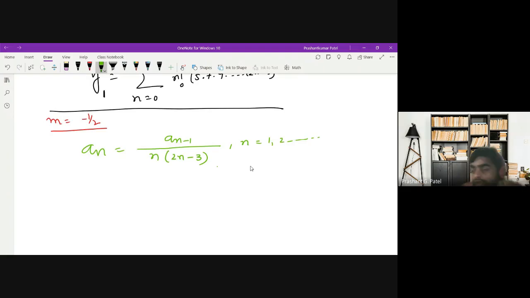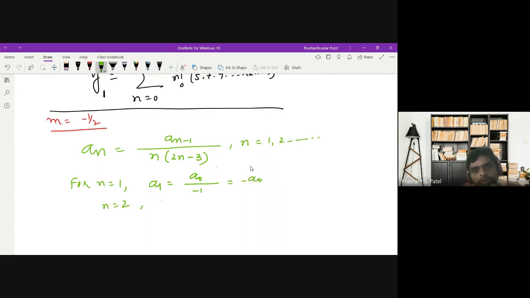This is the quantity you will be left with. Now for n equal to 1, what is a1? a0 upon 1 minus 1, so it is a0 upon 1, so I can say, minus a0.